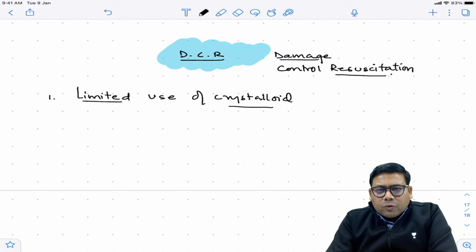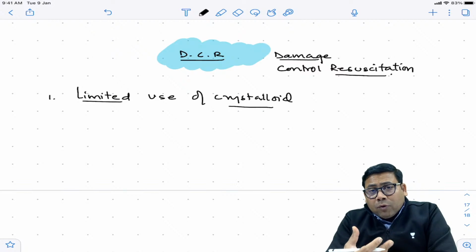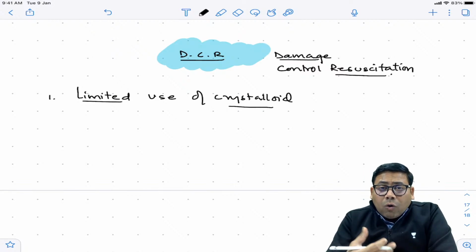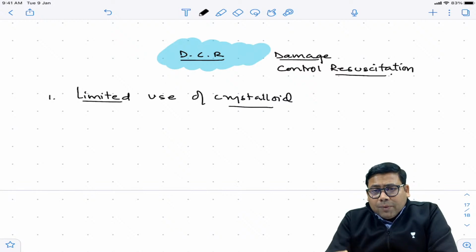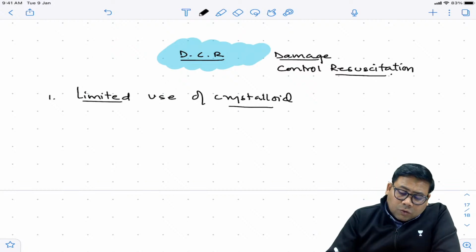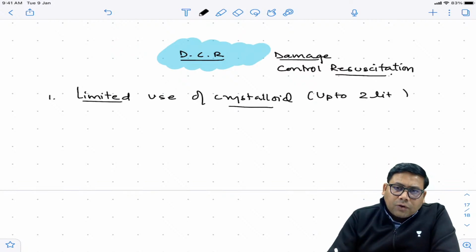Because if you use too much crystalloid, the blood will be diluted and dilutional coagulopathy will be induced. Already there is a patient who has lost a lot of blood, maybe there is an active coagulation cascade consuming the coagulation factors, and on that you are diluting the blood. So up to 2 liters is what is recommended.